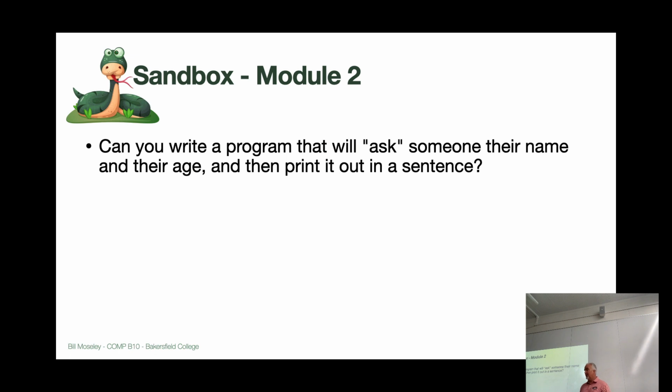It's very similar to what I just did, but now we're talking about multiple variables: an age and a name. If you want to expand on that, you can. But just two variables, and then you put it all together in a cohesive sentence, like your name is Bill and you are 36 years old or whatever. Okay? So that's the Sandbox challenge.